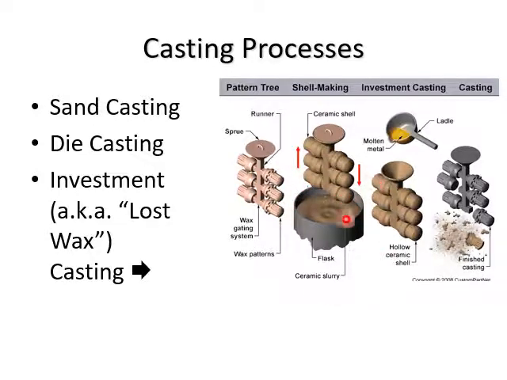After you dip it into the ceramic slurry, it will be hardened. And then you pour the molten metal into the hollow ceramic shell. After the metal solidifies and cools down, you can break the ceramic shell, and then you have the finished cast product.